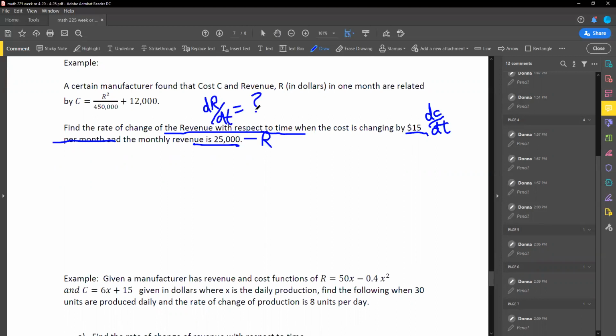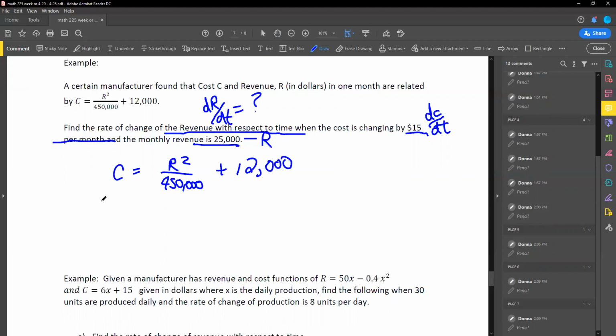Okay. So because I need derivatives, I'm going to take the derivative implicitly. So I'm going to work down here. Okay, so I need dC/dt, or I need dR/dt. So I'm going to do the derivative of this with respect to time.